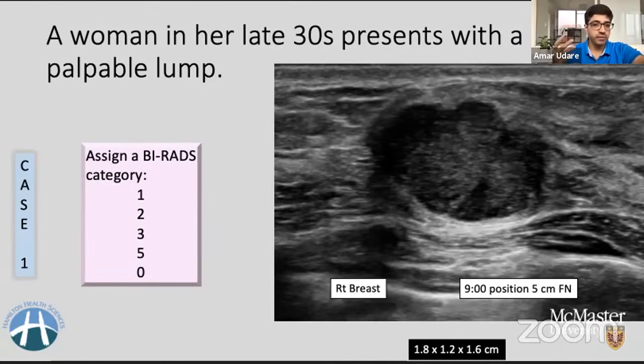So at least annotate whether it is right breast, left breast, are you in the axilla, what o'clock position you are in the breast, how many centimeters from the nipple is the lesion located. Try to take at least 2 pictures of the lesion in orthogonal planes. And that's basically how you can complete the annotations of the image. So I can see that all of you have answered BI-RADS 3, which is the exact choice which should be picked in this case.